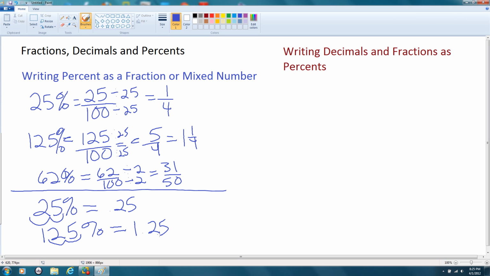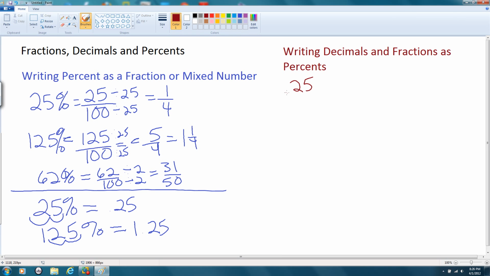Now we're going to go over here, and in this part we're going to write decimals and fractions as percents. Let's go with a decimal first. Let's say I have 0.25 as a decimal.